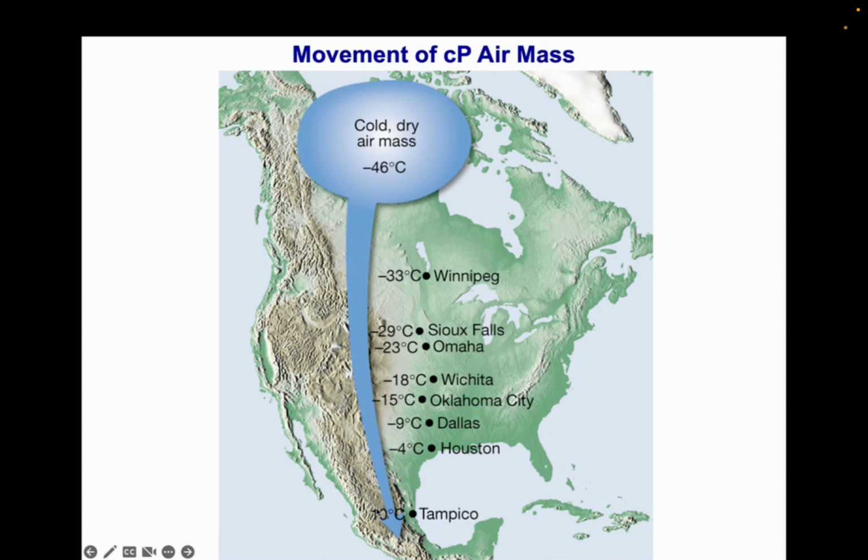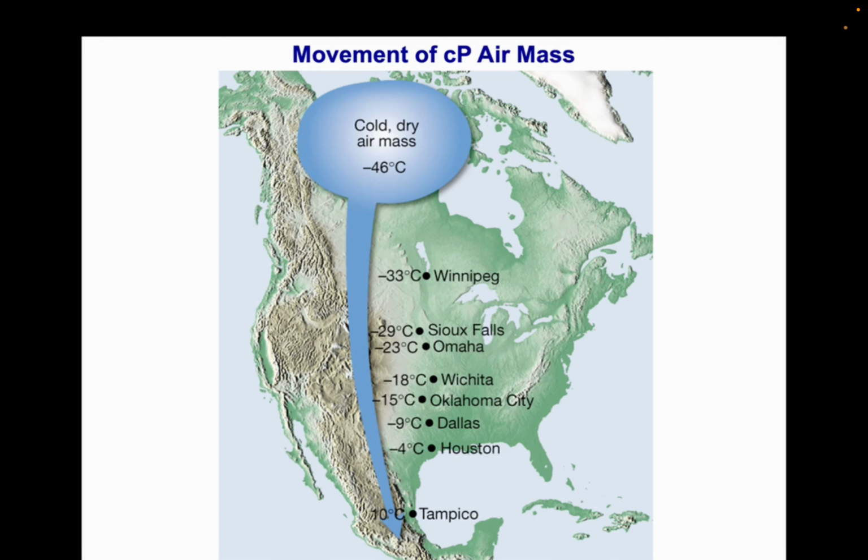Daily temperatures were as low as 6 degrees Fahrenheit in Atlanta, very close to 0 degrees Fahrenheit. That means this happens when a cold, dry air mass like the continental polar intrudes and dominates large areas across latitudes, right?